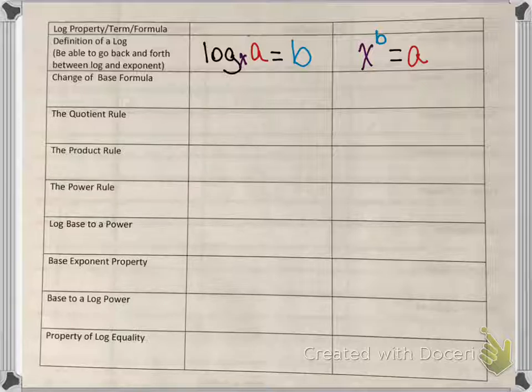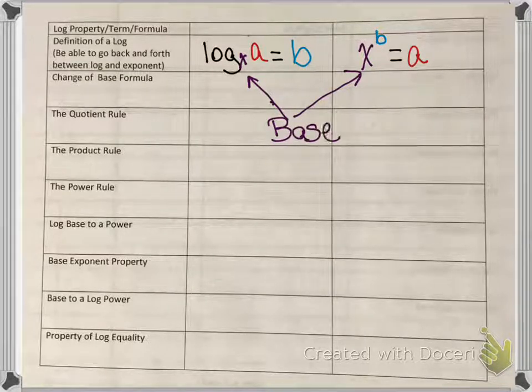That's how I read that. Log base x of a equals b. When I look at the exponent, my base is the same. The base is the same in your exponent and in your log.